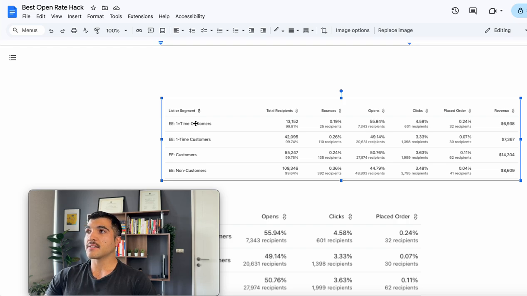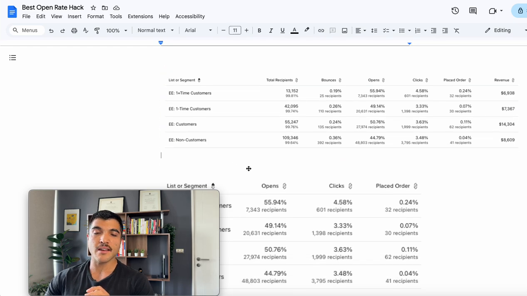And it's funny because most people try and tell you to use different subject lines, hacks, power words, emojis, lower caps, whatever, to get higher open rates.